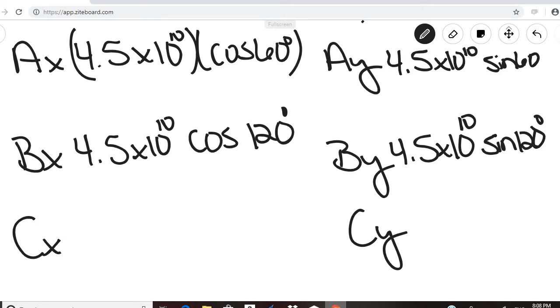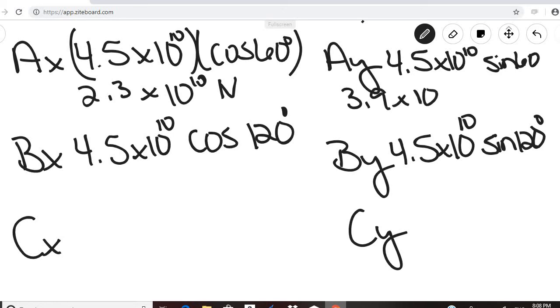So this is equal to 2.3 times 10 to the 10th newtons, and A to the Y is 3.9 times 10 to the 10th newtons.